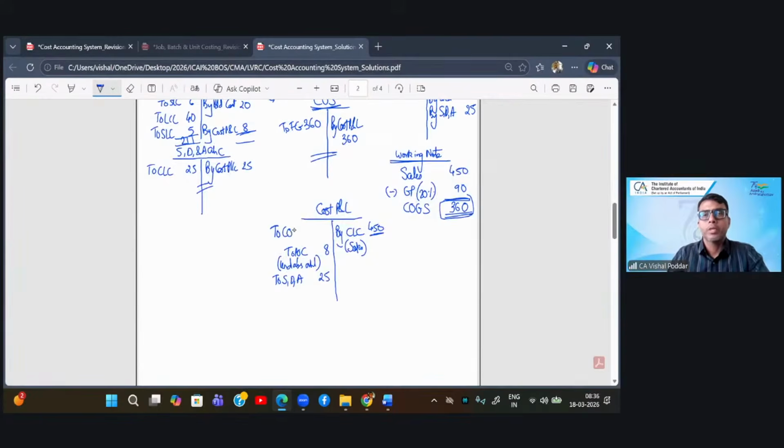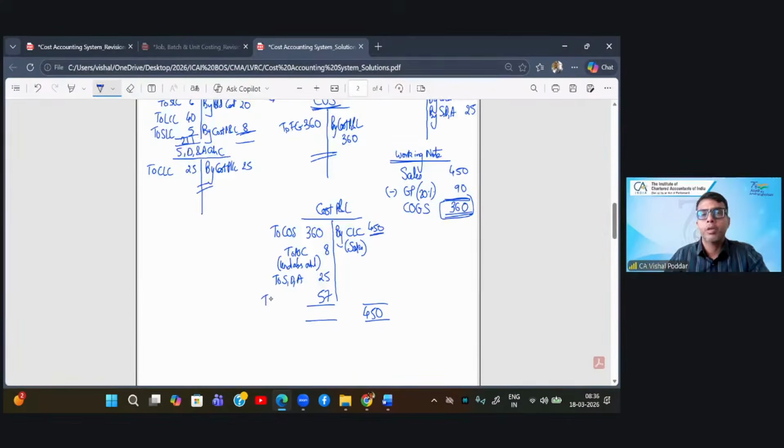So to COS 360. Now balancing this account. So we have 450 here, and here we have 360 plus 25 plus 8 is 393. Correct? 393 minus this is 57.